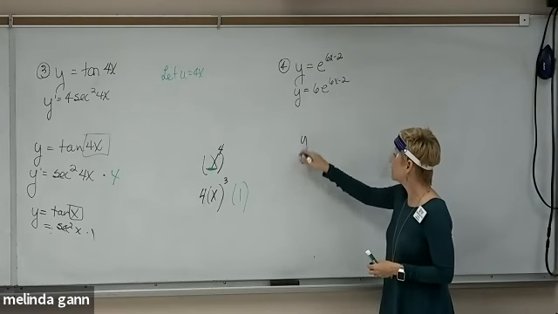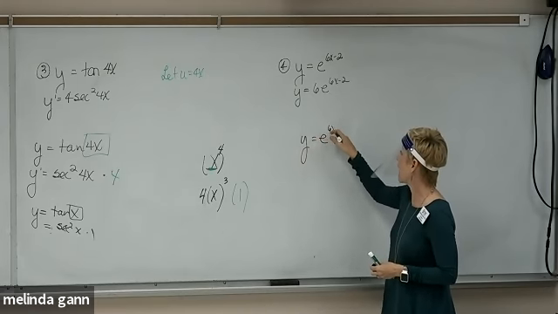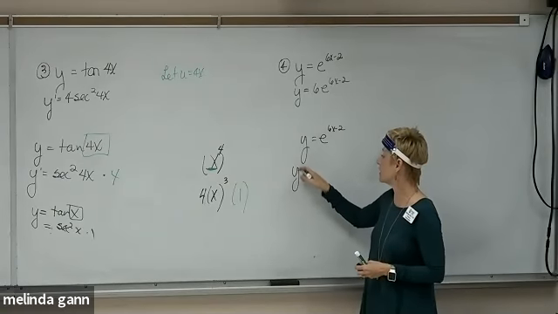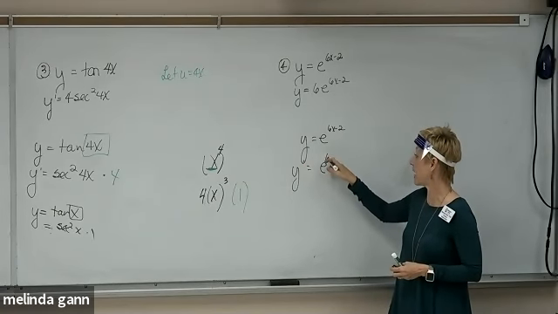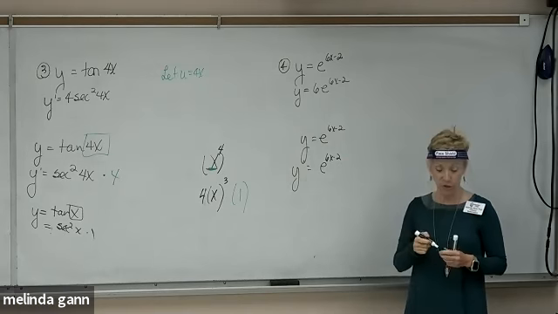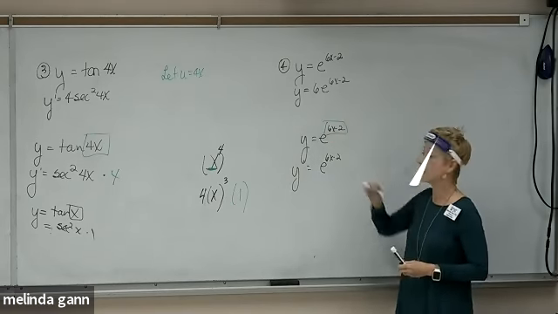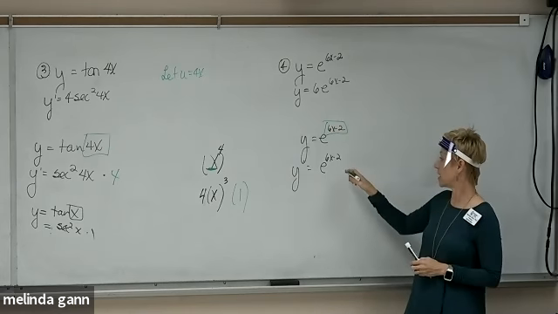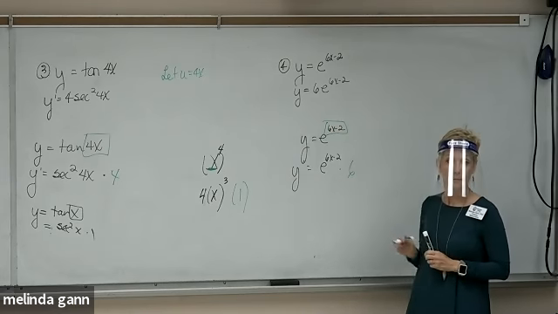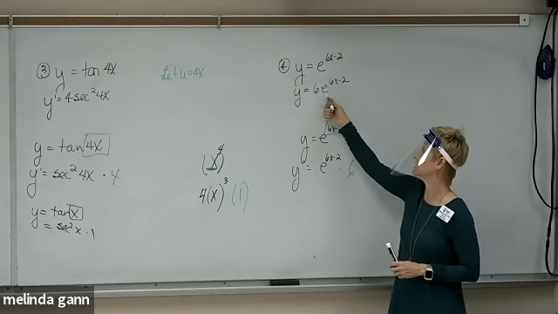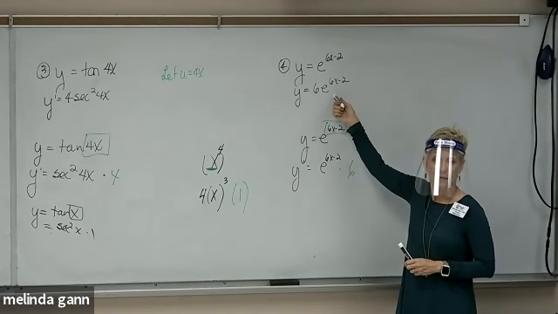So sure enough, if you've got e to a power, what's the derivative going to be? It's going to be e to that power. What's your one extra step? The derivative of the power. And what's the derivative of that power? So that's why we got 6e to the what? 6x minus 1.